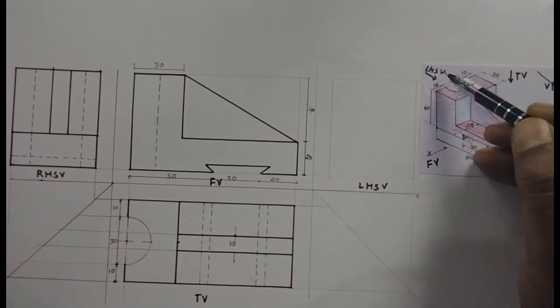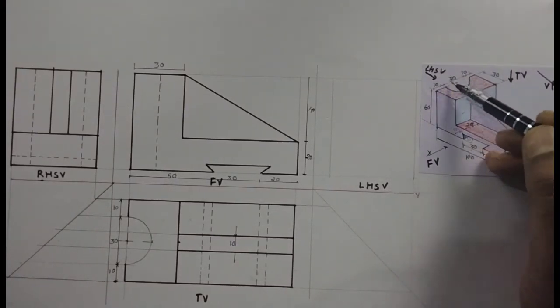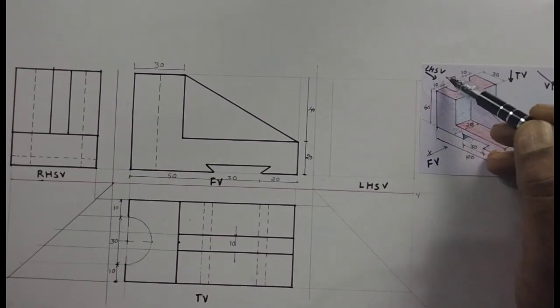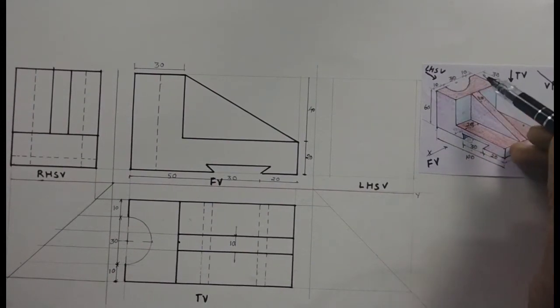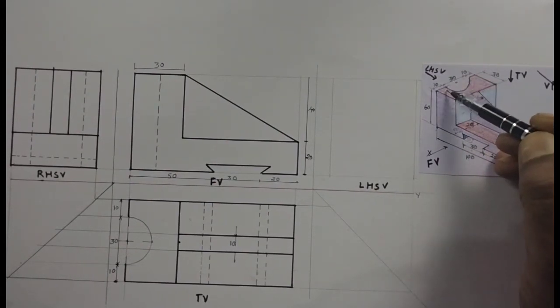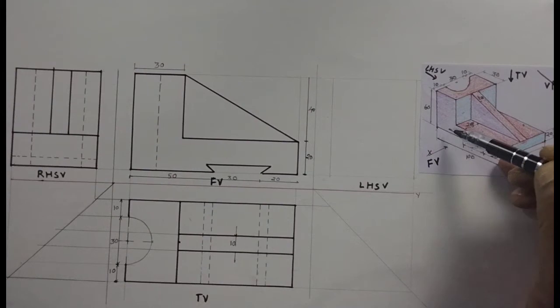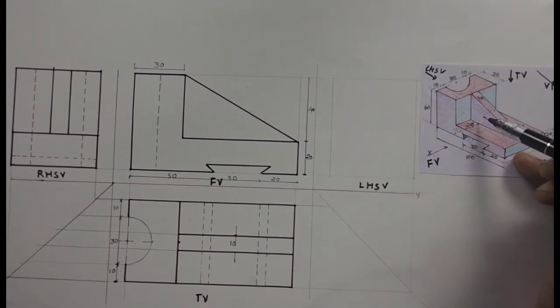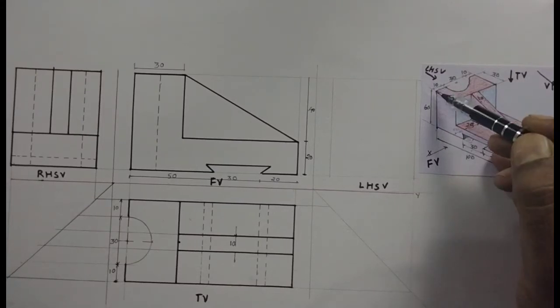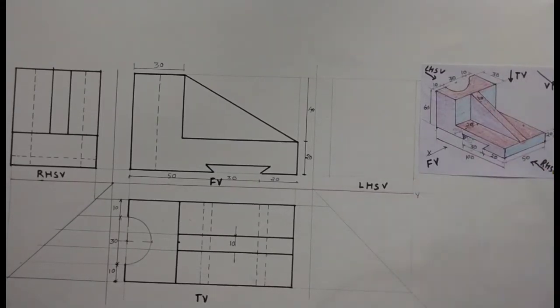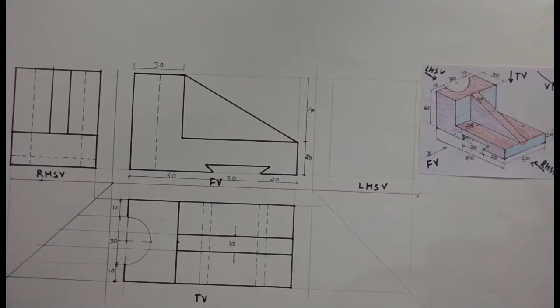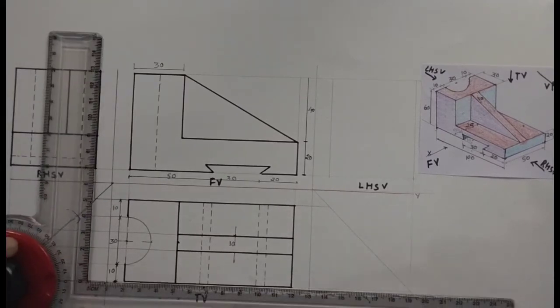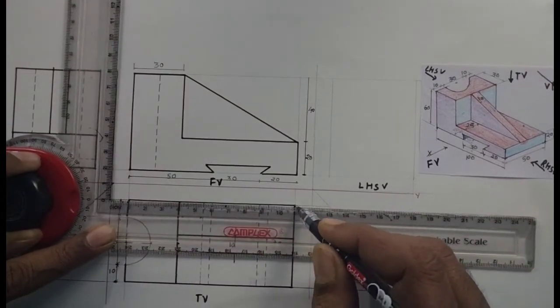Now we go to our left hand side view. When I observe the object from my left hand side, you have to imagine that there is a vertical surface here. So this full backside rectangle, 60 by 50, is fully visible. For that, first we transfer the width of the object from the top view.